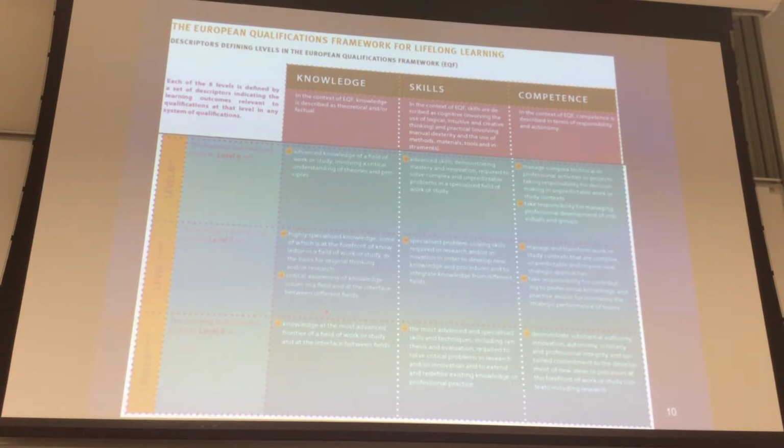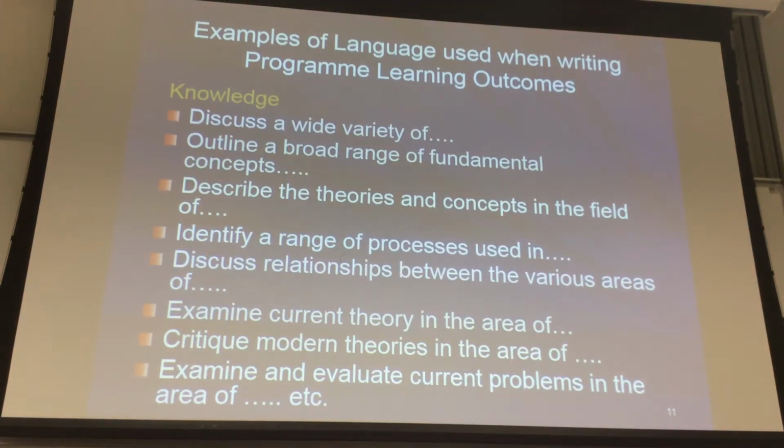Leadership qualities like ethical values and values in general are all used. Now, when you're writing program learning outcomes, what I have done here is give you some prompt words from various workshops that I've given around the world.